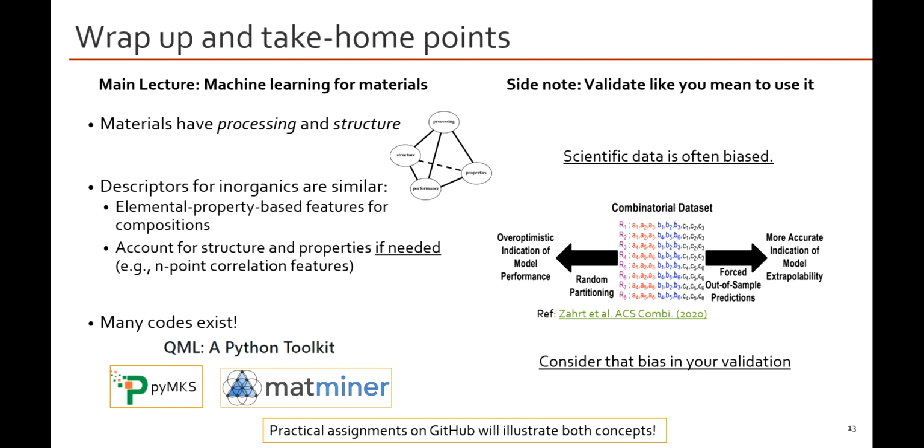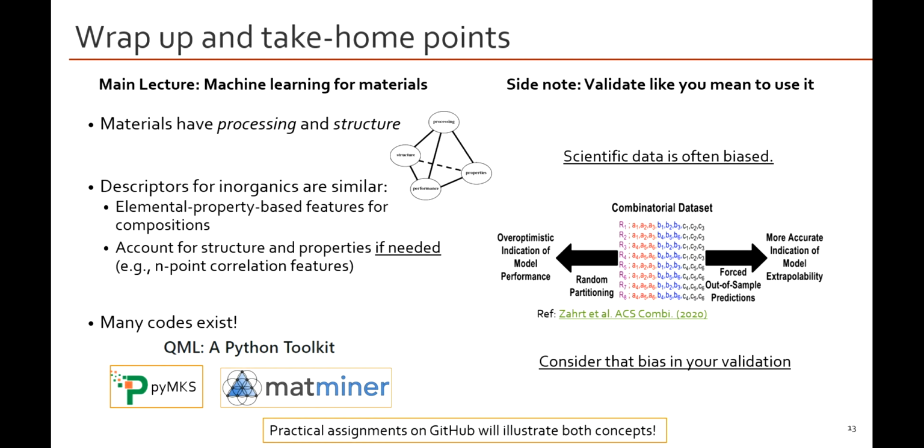Additionally, the kind of descriptors that one uses for building these machine learning models are indeed similar to molecules. You can build features based on the properties of each of the elements in that material, but there are also some more material-specific techniques like n-point correlation features, which you can compute using PyMKS, that can capture the micron scale structure.